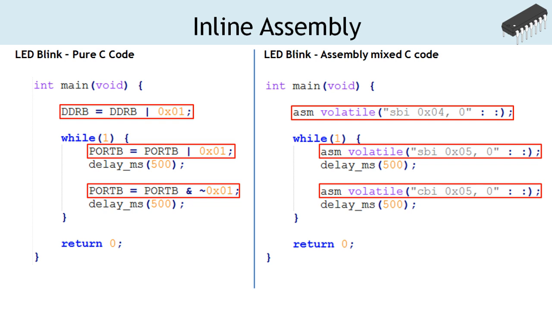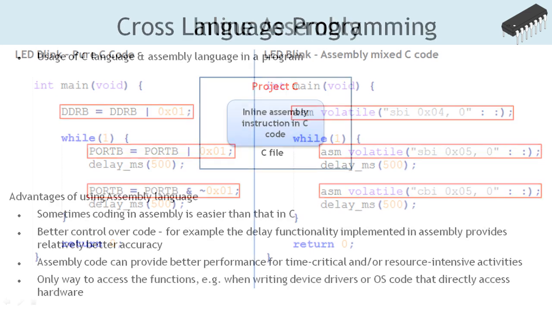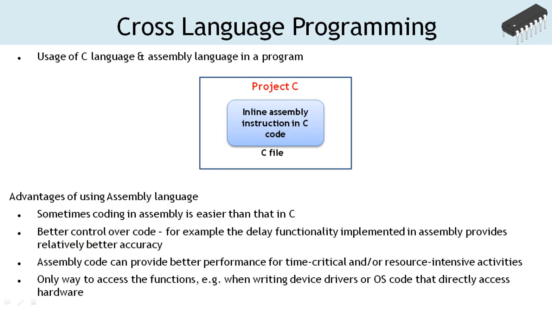The same logic is implemented in assembly mixed C code. Note the initialization of DDRB and PORTB is carried out using assembly instructions. In embedded programming, on several occasions, implementing logic in assembly becomes more convenient and provides better control.